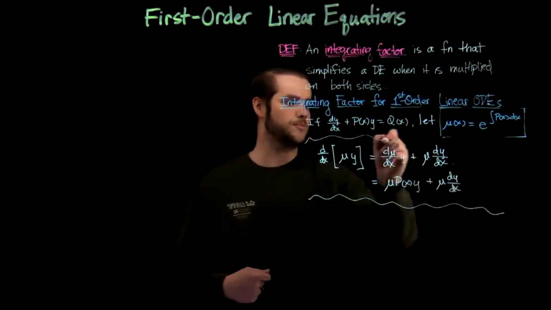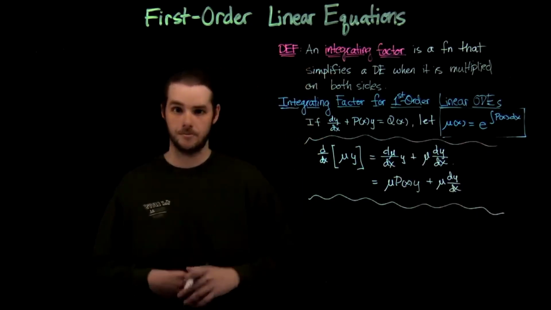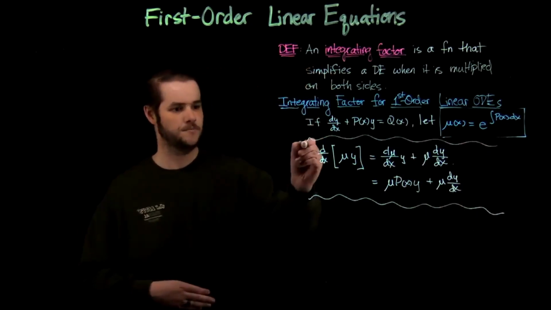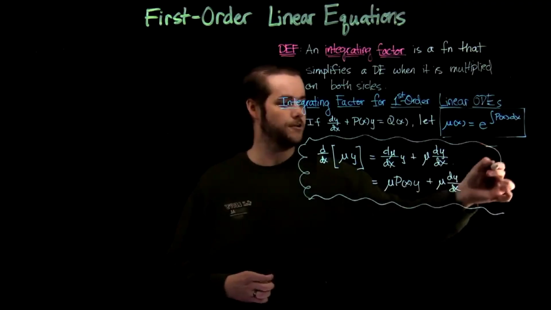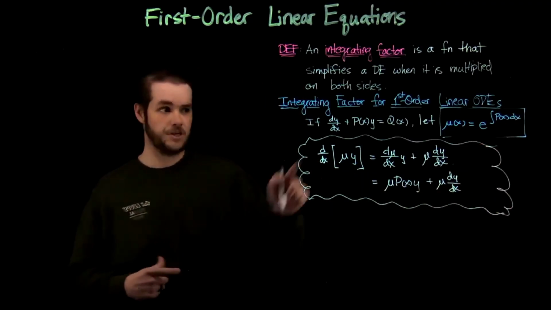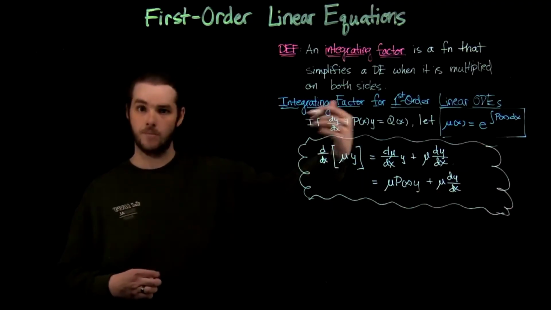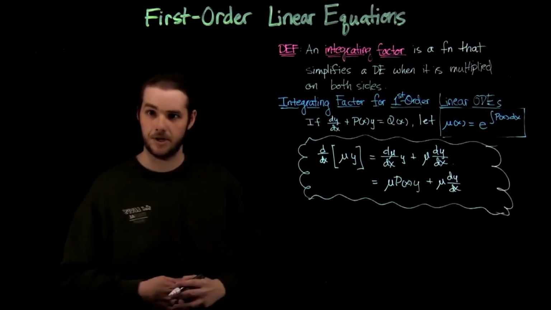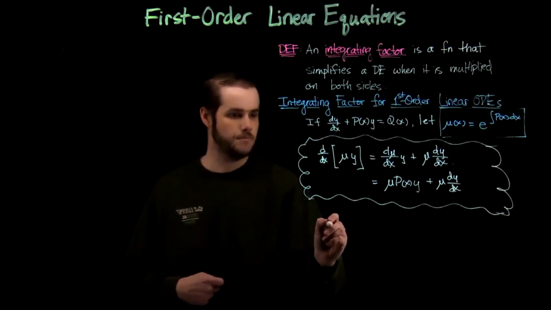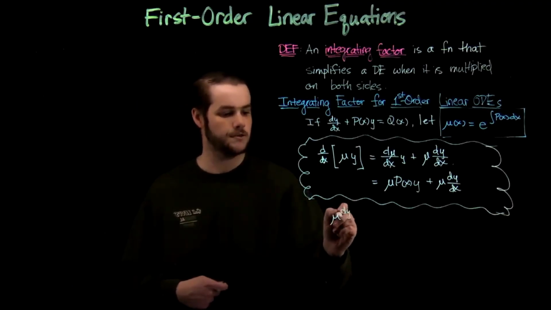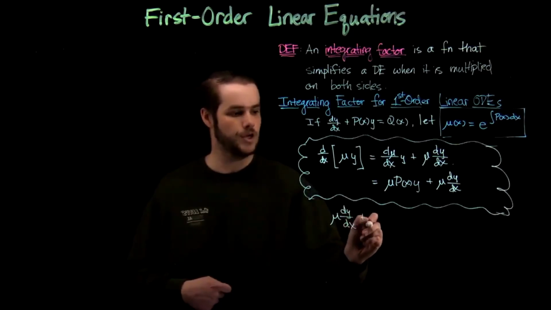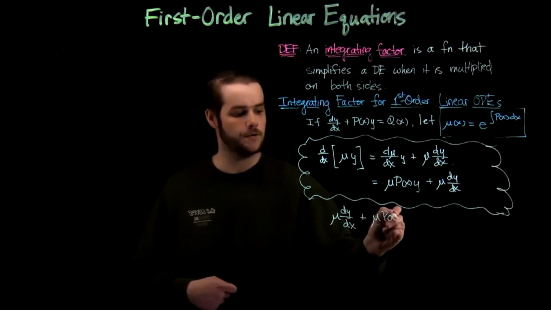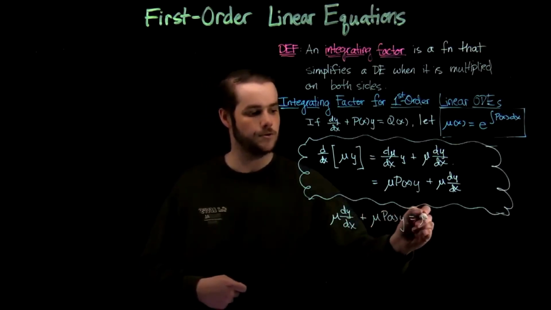Why do I care? So here's a little bit of a thought cloud, I guess you could say. If I start from this equation and I multiply both sides by my integrating factor, do you notice that I get mu dy dx plus mu p of x y equals mu q of x?